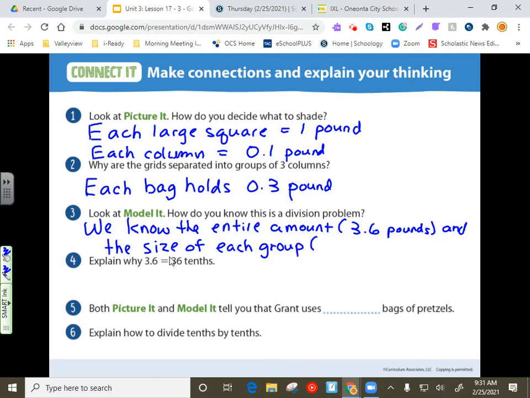And that will be 3/10 pound. So once we have those, that's how we know we can do it.